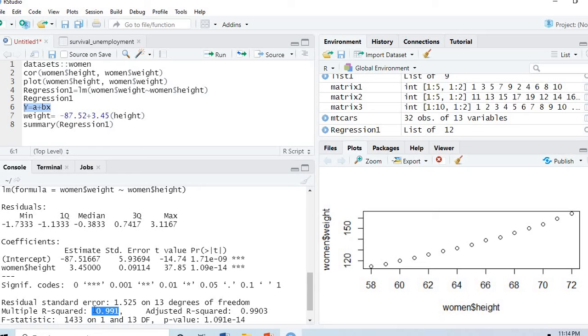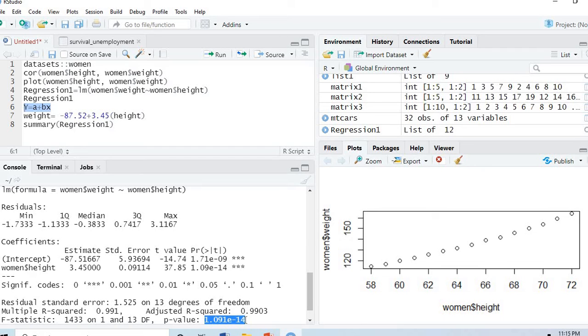It means your independent vector contributes 99% of the variance in the dependent vector, or in other words, the height contributes 99% of the variance in the weight in the regression model, which is good enough for prediction. And the last one is your F statistic, which stands for the ANOVA results, and its p-value is also less than 0.05. So it also indicates that your regression model is significantly improved as compared to the baseline model.